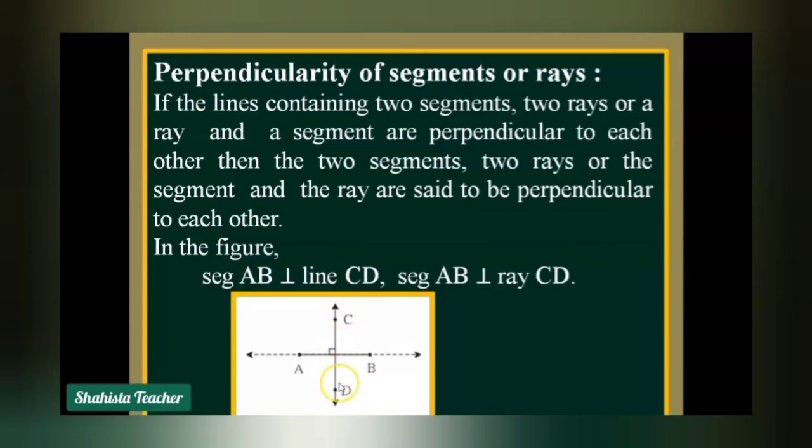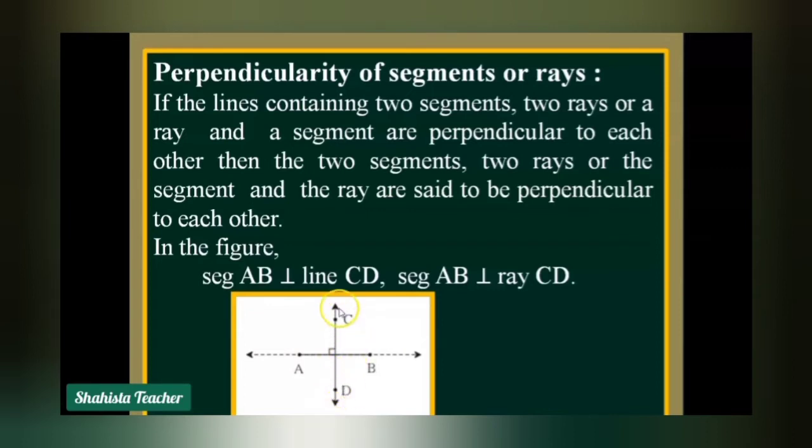So two end arrows define a line, and one end arrow and one end point define a ray. So here we can say that segment AB is perpendicular to line CD and segment AB is perpendicular to ray CD. Why?